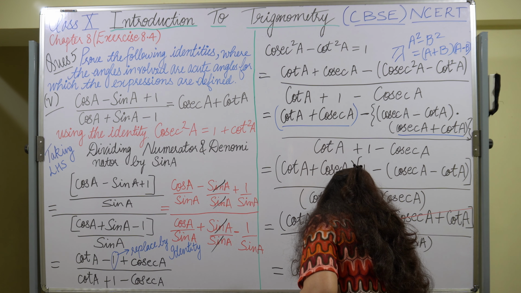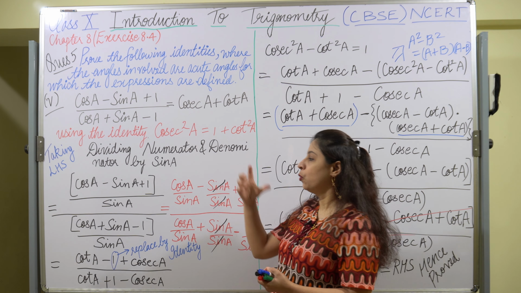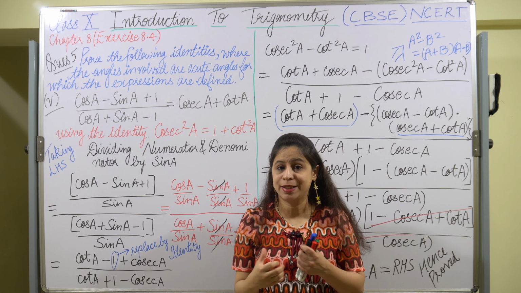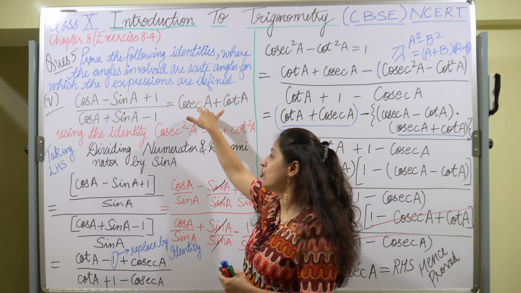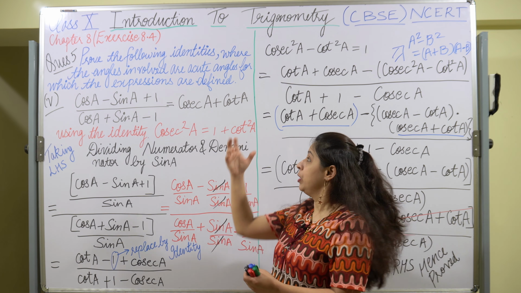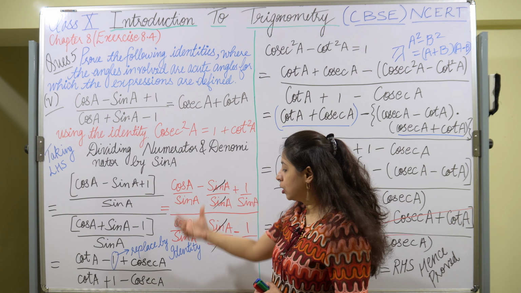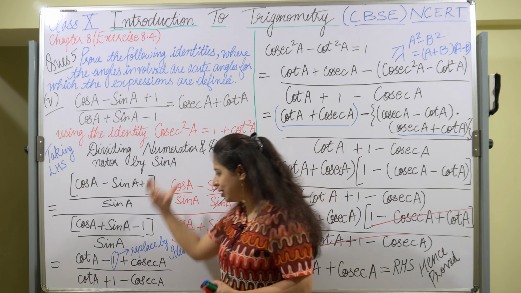So how did we start? We started by converting all the cos and sin into cot and cosec, because in the RHS it was given that we need terms having cot and cosec. So the tip for this question was to think how to convert it into cot and cosec.